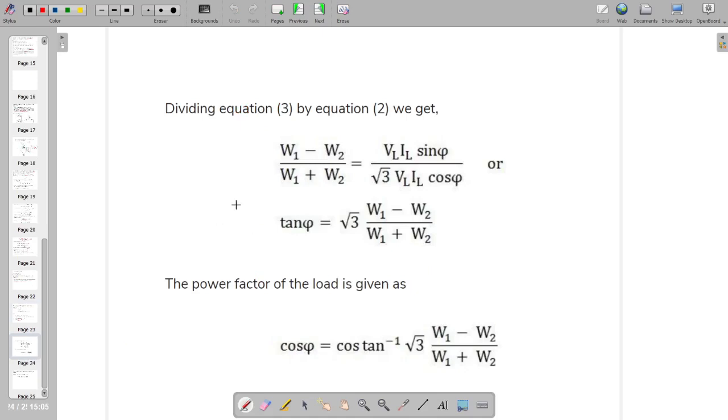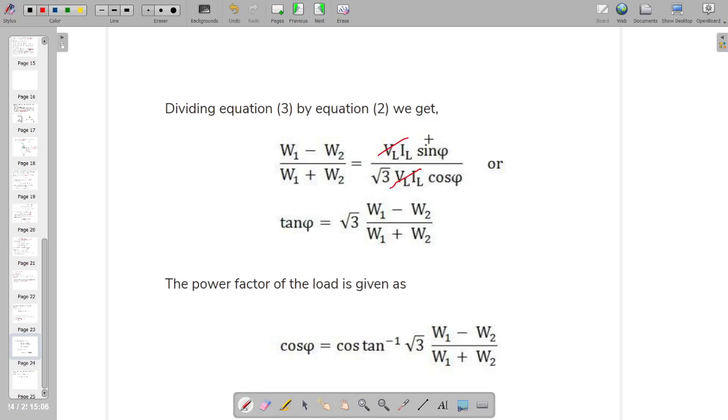Dividing equation 3 by equation 2, we get W1 minus W2 upon W1 plus W2, which is equal to VL IL sin phi upon root 3 into VL IL cos phi. The VL IL terms cancel out.